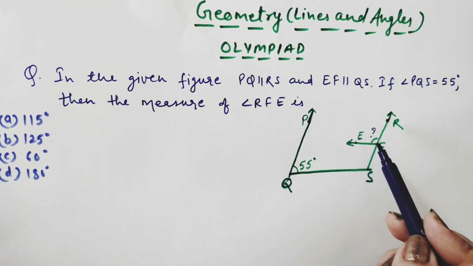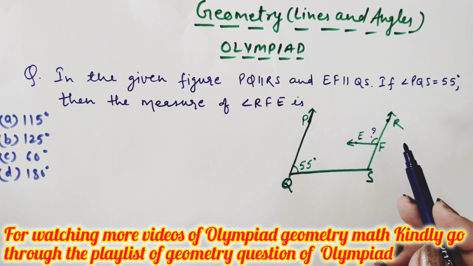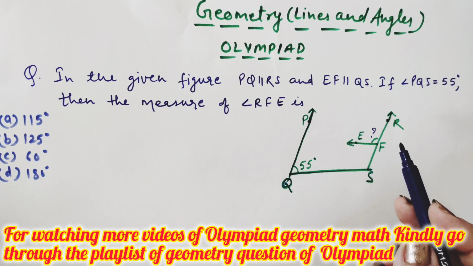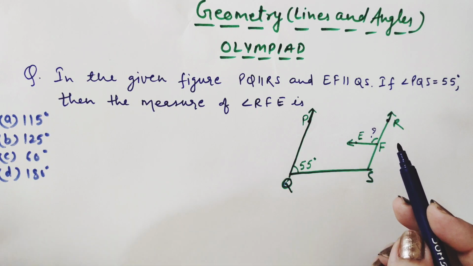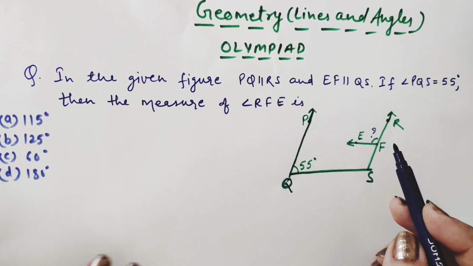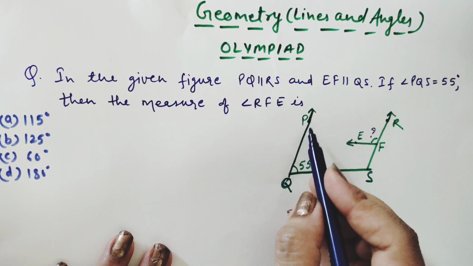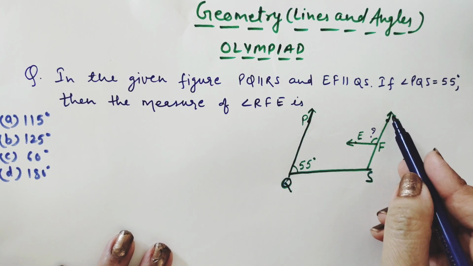So how to find this? For this question, we will use the concept of parallel lines, in which a transversal line cuts both the lines. You can see this PQ line is parallel to RS.